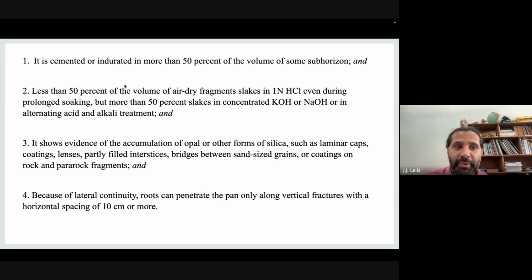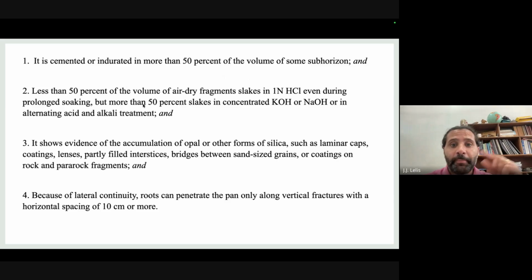So when I put some fragments of this cemented horizon in acid, and even if I keep them there for some hours, no problem, that horizon stays like a rock, like a cemented horizon, because that piece of material cannot be destroyed by acidic pH.